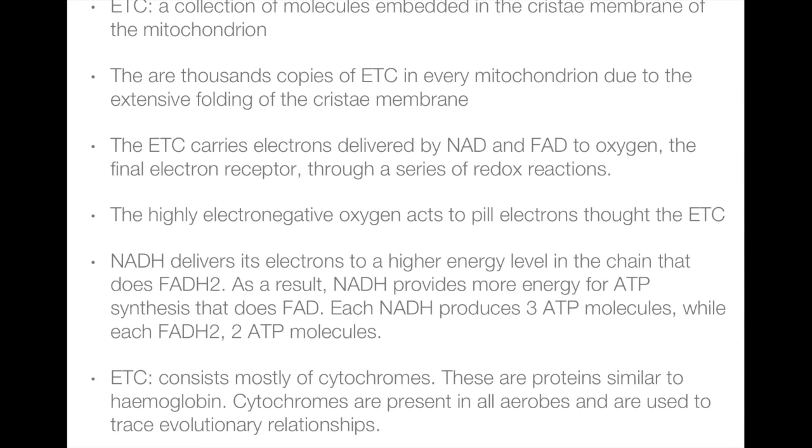We have seen the structure of hemoglobin, and cytochromes are present in all aerobes, but they have differences according to the evolution state of the organism, and we are using the cytochromes to trace evolutionary relationships.